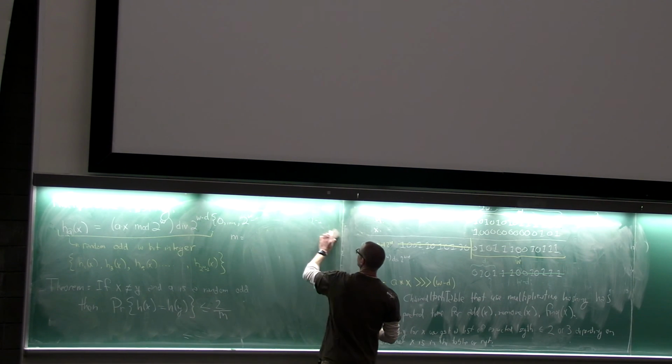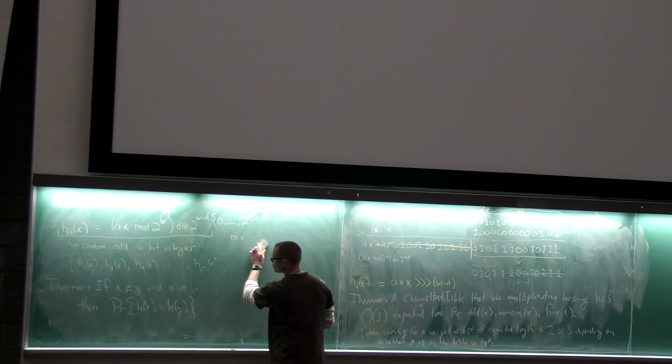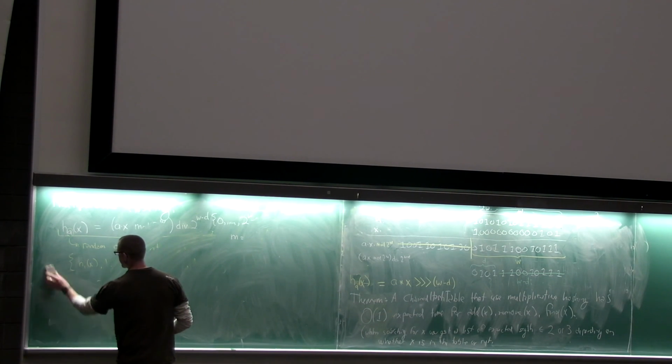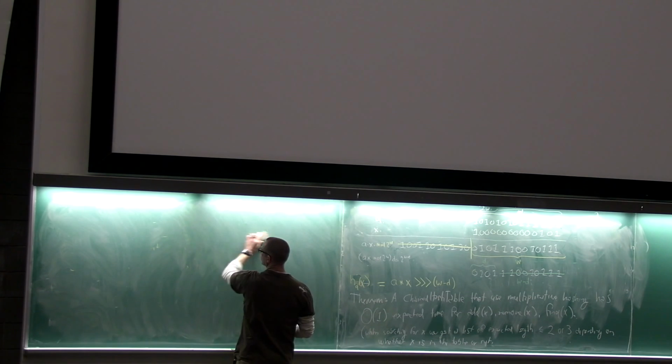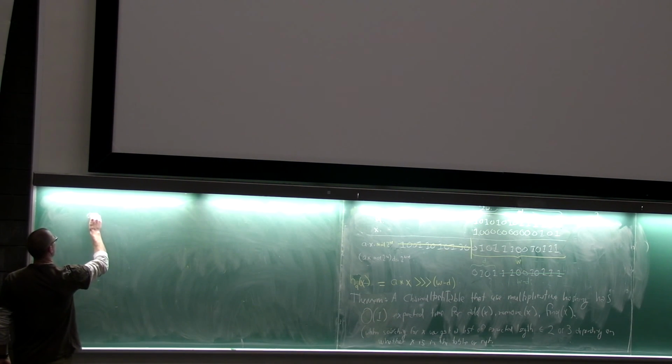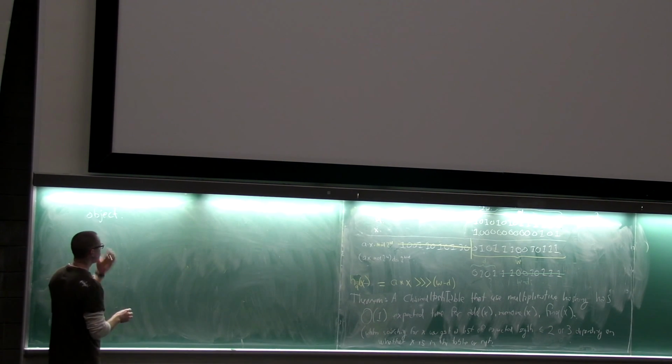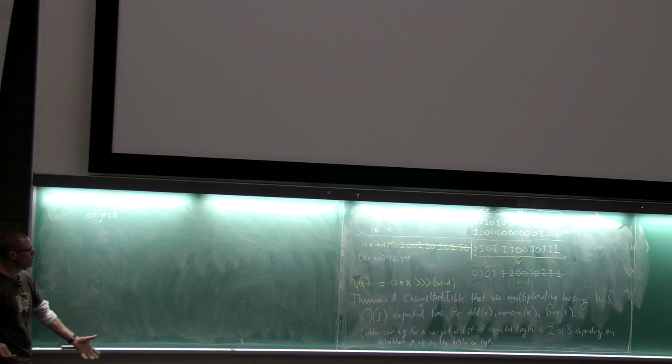Well, the whole procedure looks like this. In general, what you start with is some object, and that object is usually not an integer. Or maybe it is an integer, but it's an integer that's not W bits.